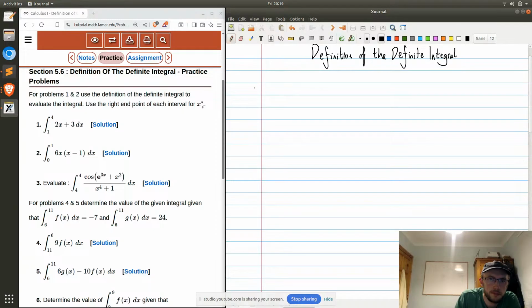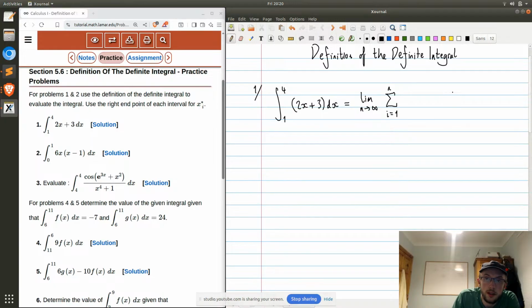So that is the limit as n approaches infinity of the sum of i equals 1 to n of something, but we don't know what.